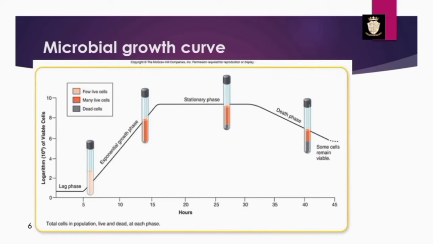In lag phase, we can see few live cells are present. Exponential growth phase has many live cells present. Stationary phase has many live cells and also a few dead cells. And the death phase has more dead cells.